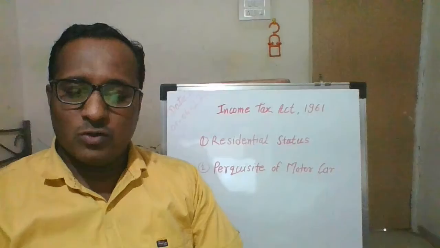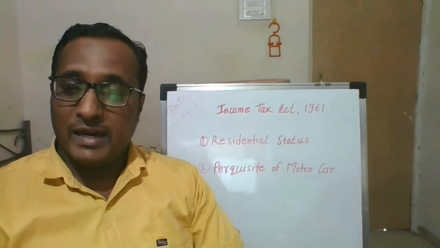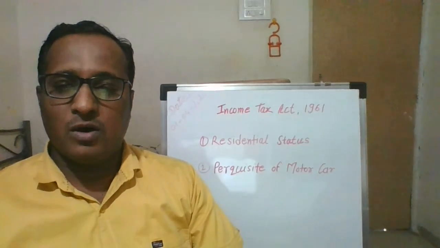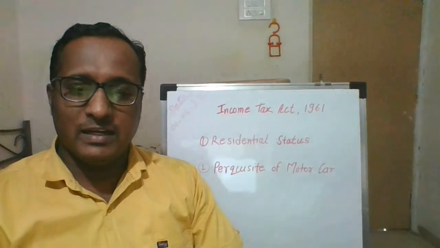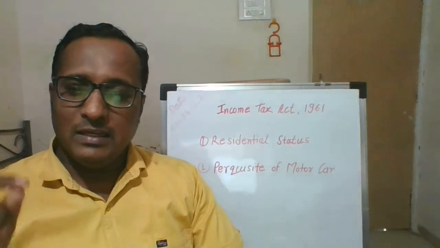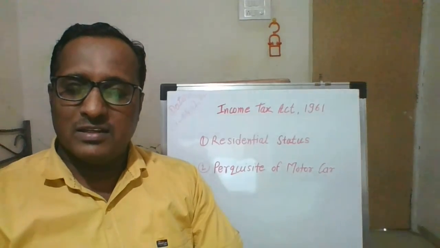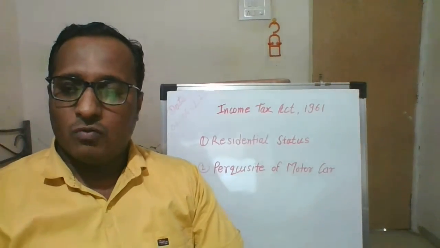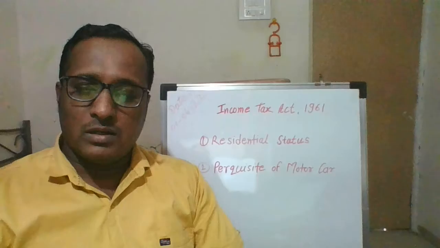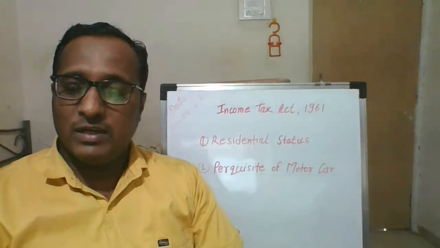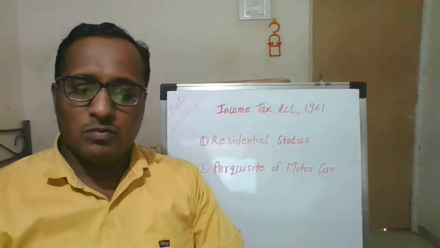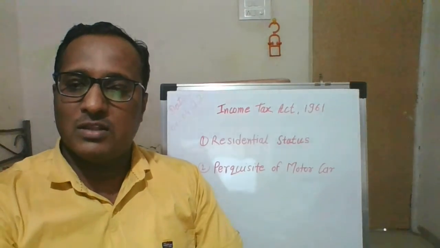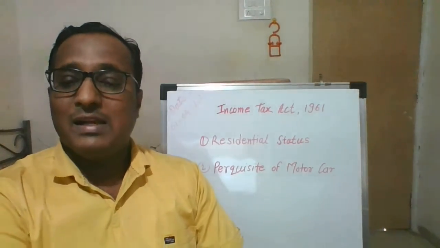The amount is rupees 600 per month and also rupees 900 per month for the running expenses of the motor car. And condition number two is cubic capacity exceeding 1600 cc or 1.6 liter engine. The amount is rupees 2400 per month and also plus 900 per month for the valuation of the motor car.